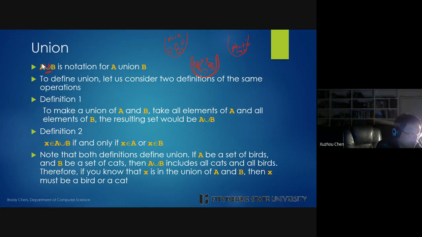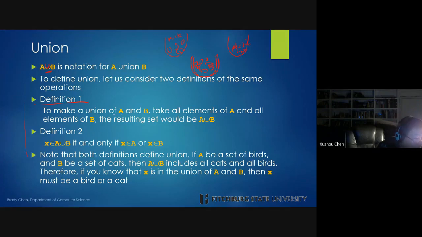Now, mathematically, we can define the union in two ways. There's definition one, but we're talking about the same thing, just different wording.